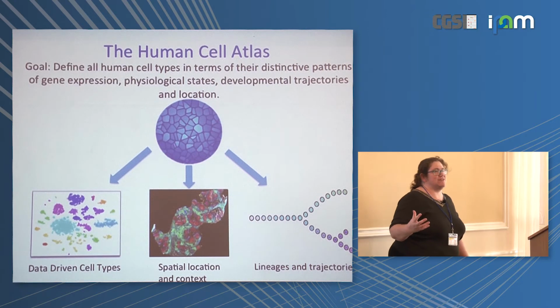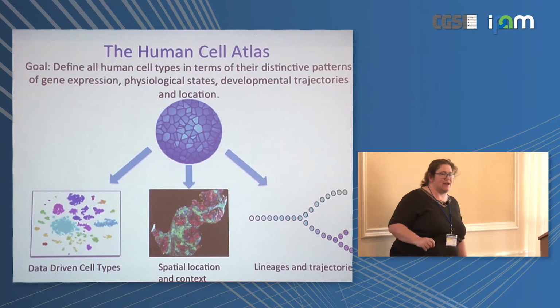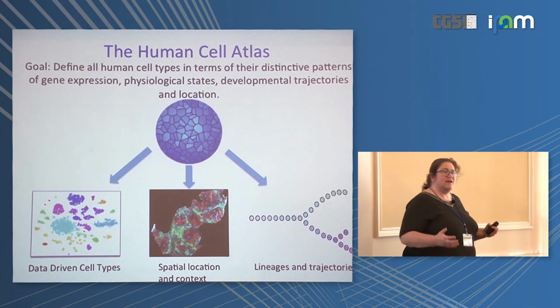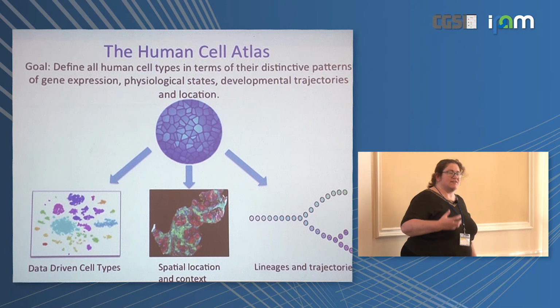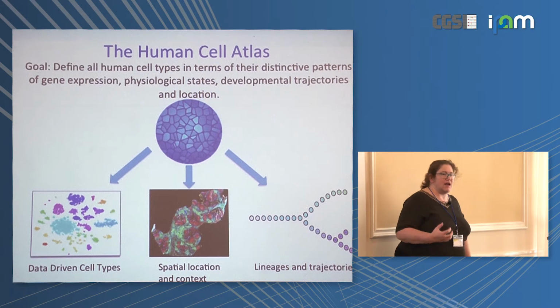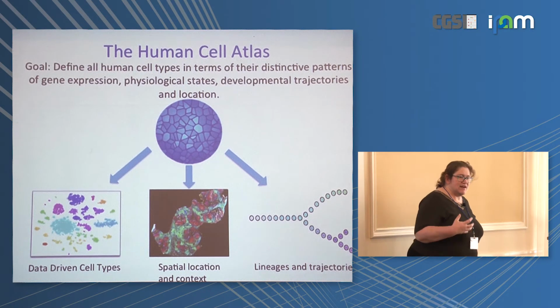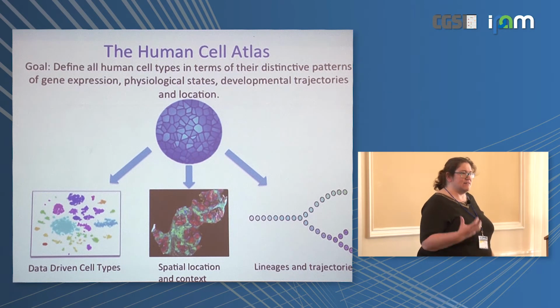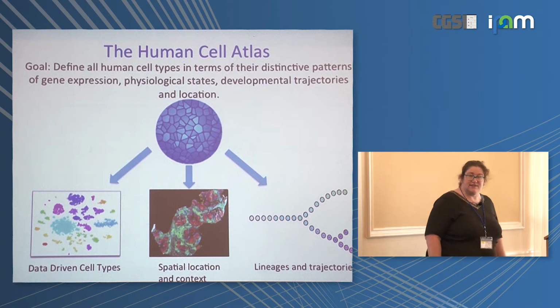This project is different than the genome project in that the genome really wanted to define the genes and the DNA units. Here, the cell becomes the central unit. We need to define our cells, what they do, where they are, how they're organized spatially, how they form through the process of development, how they switch states. And we really want to understand all that.